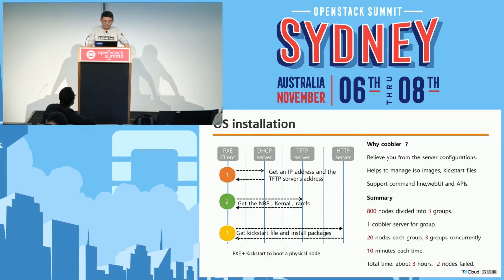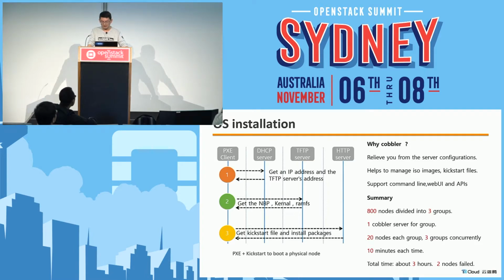You can see there are several downloading operations in the OS installation process. In order to get better performance, we divided our 800 nodes into 3 groups and prepared one cobbler server for each group. Every time, we started 20 nodes in each group, and 3 groups were started concurrently.